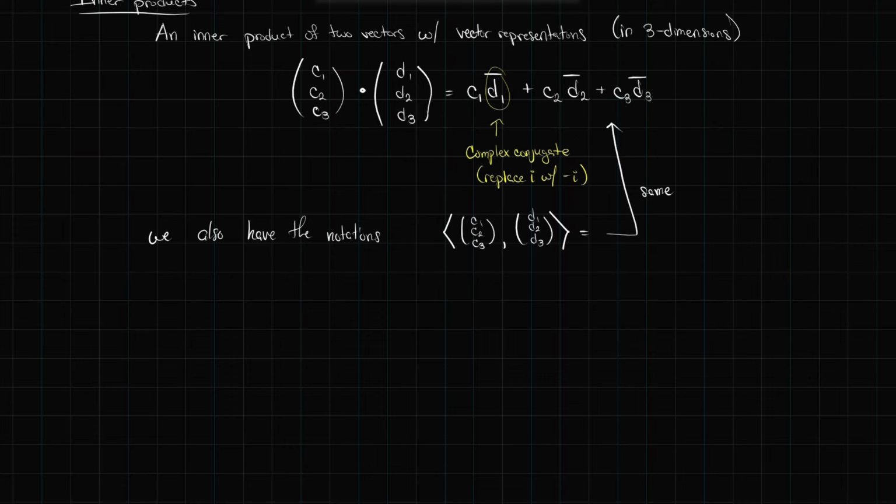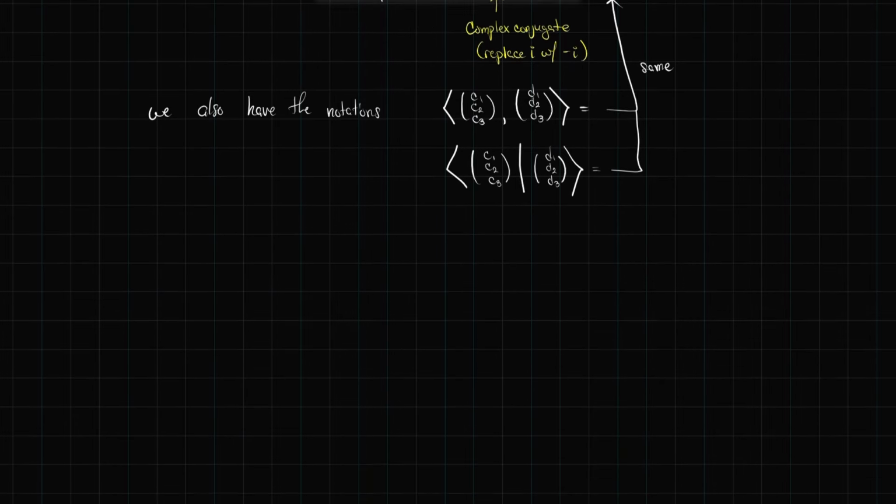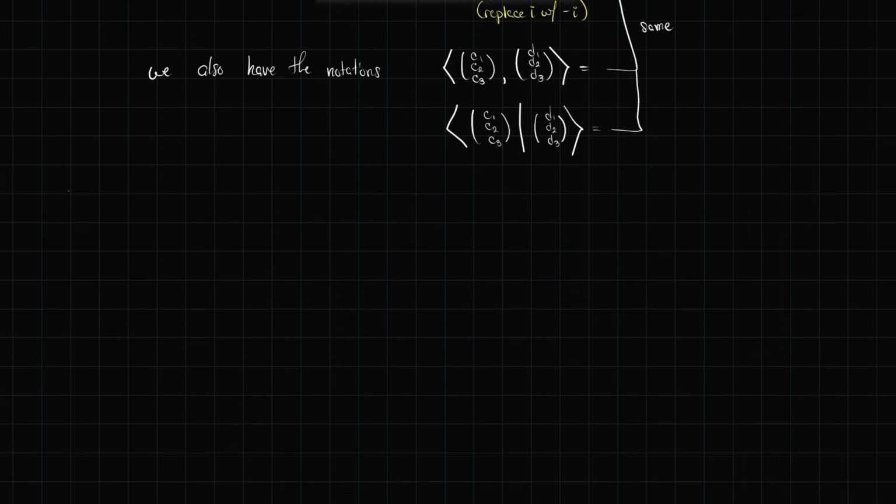And actually in quantum mechanics, they do the same sort of thing, but instead of putting a comma in the middle of the angled brackets, they put an entire stroke. So these are all the same representations of something called the inner product, and that's the specific case of 3 dimensions. To try to make it a little bit clearer before I jump into arbitrary dimension, let's run one example.